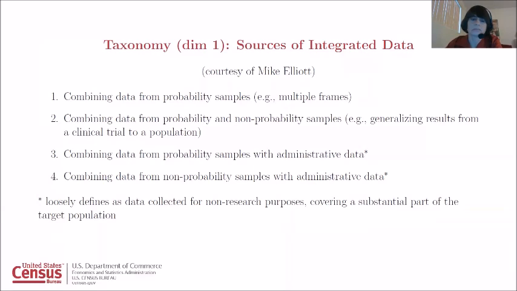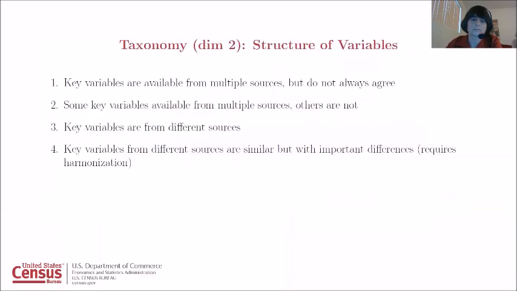And you can cross that with the second dimension, which is the structure of the variables that are involved. We have different scenarios in this case. You can have a situation where you have key variables available from multiple sources, and they're close, but they don't always agree because nothing ever agrees perfectly. Then you have to decide how to combine them, whether to use this one or that one.